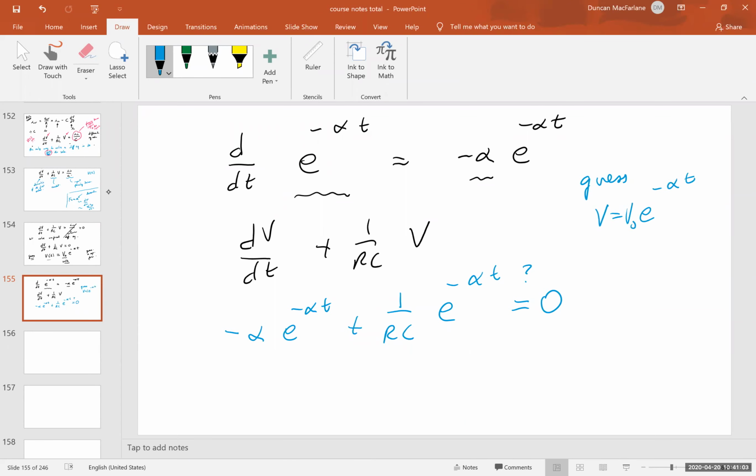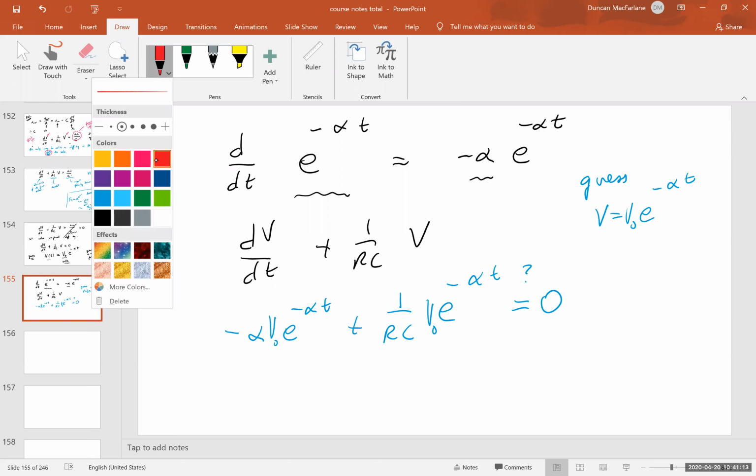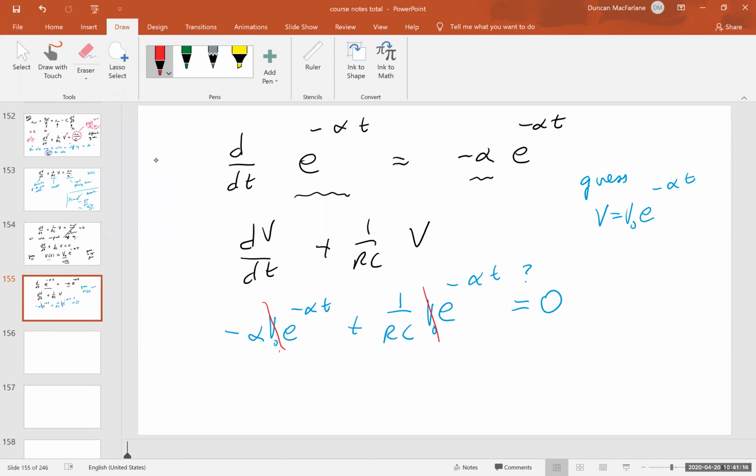So I can divide through by that V naught. I can multiply through by e to the positive alpha t. And I have minus alpha plus 1 over RC is equal to 0.